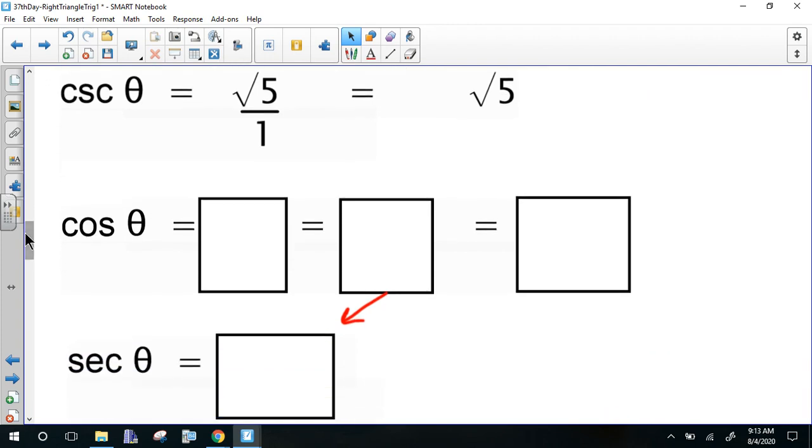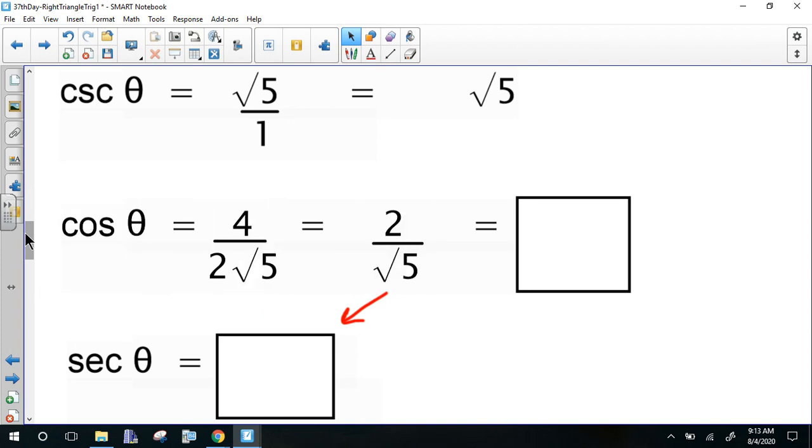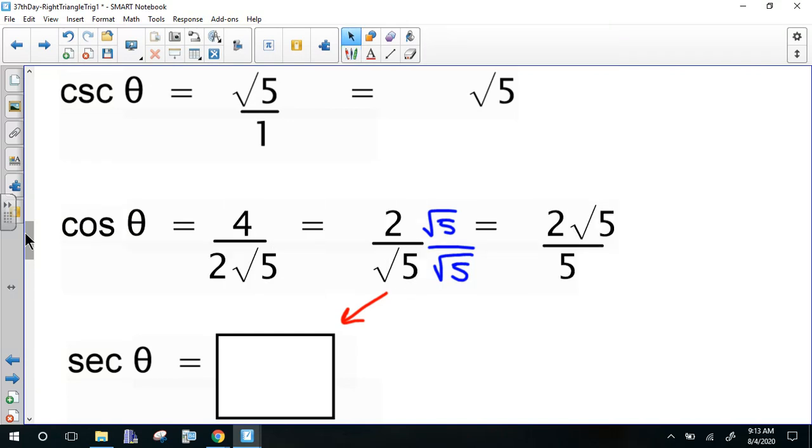Cosine is adjacent over hypotenuse, so that's 4 over 2 root 5. If I simplify that, I get 2 over root 5. And if I rationalize by multiplying by root 5 over root 5, I get 2 root 5 over 5.